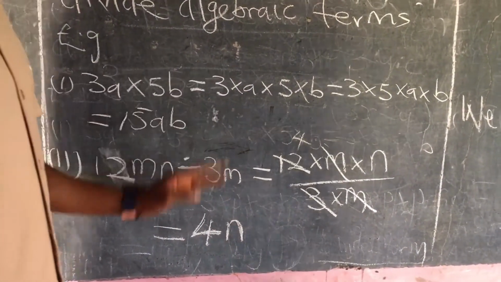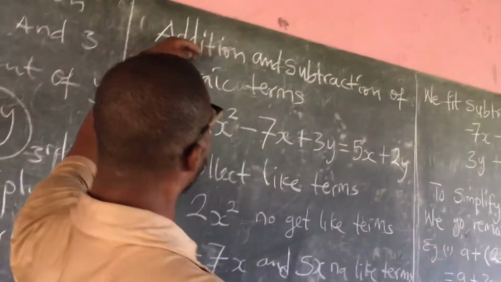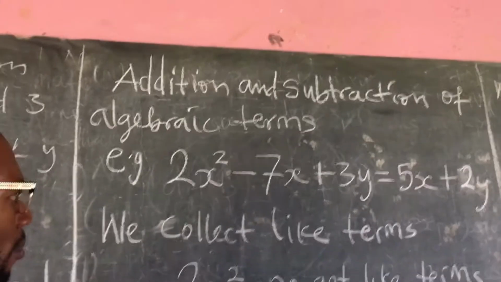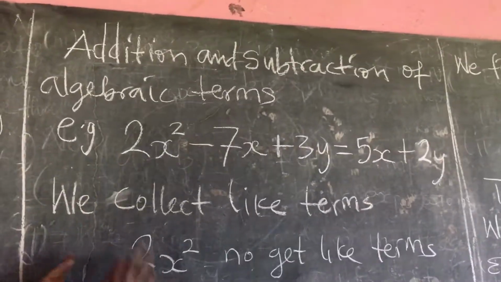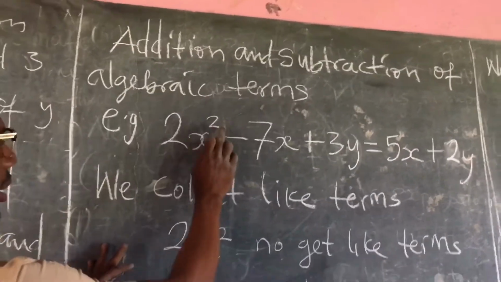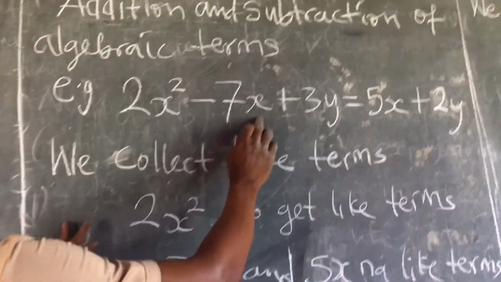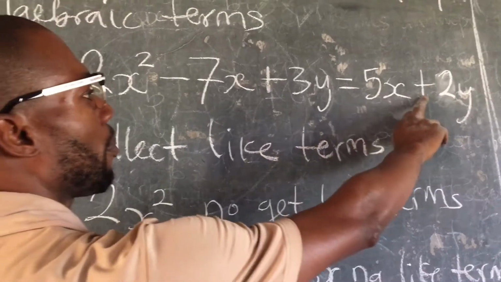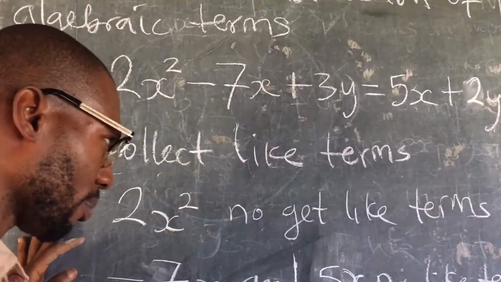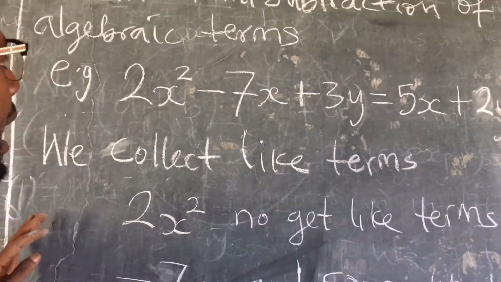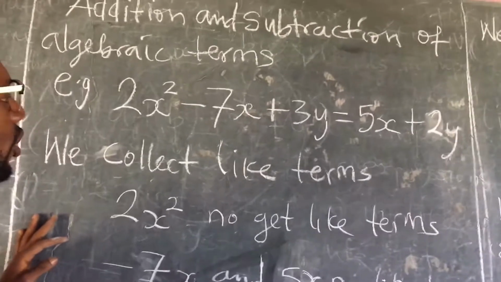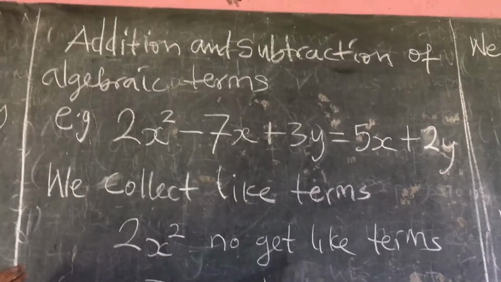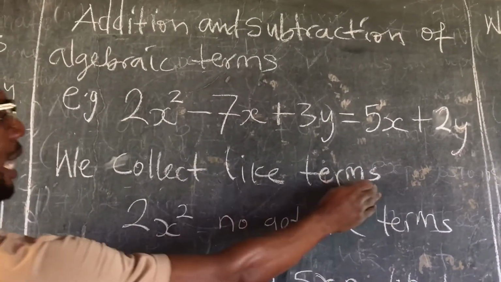After we multiply and divide, we can still add or subtract algebraic terms. So let's check this one out. I have 2x squared minus 7x plus 3y equals 5x plus 2y. Before we do any addition or subtraction of any of these algebraic terms, we will learn what is called like terms.